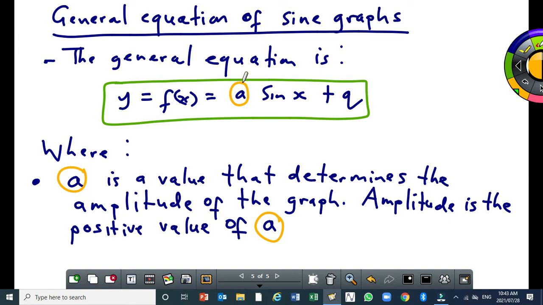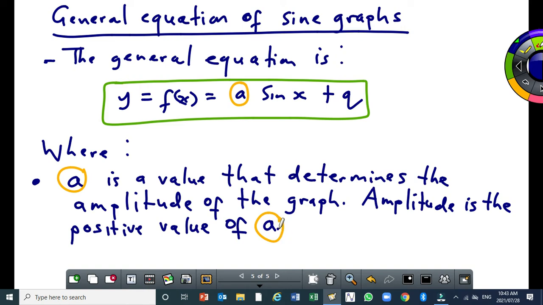If A is negative, it means your amplitude will be the positive value of that negative value, or we can call it the magnitude of A.